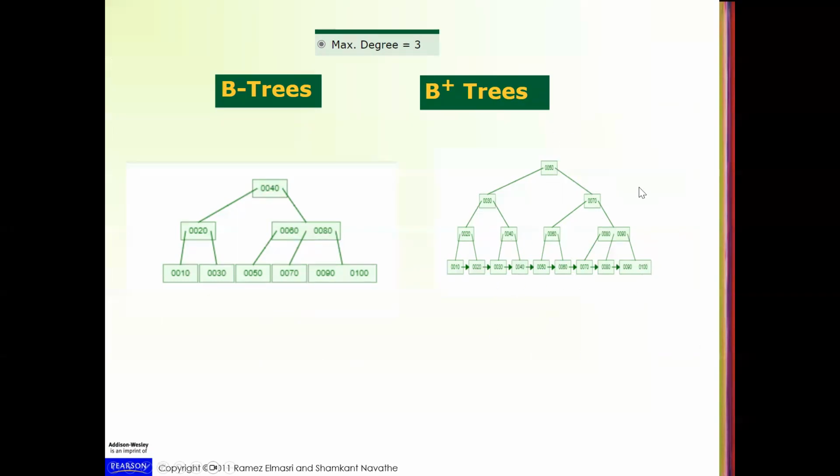And then the leaf nodes are connected with each other. So basically, we store the root node values in the leaf nodes. You see all of them are arranged 10, 20, 30, 40, 50, 60, 70, 80, 90, and 100, whereas here we have 10 here, 20 here, 30 here, 40 here, 50 like this.